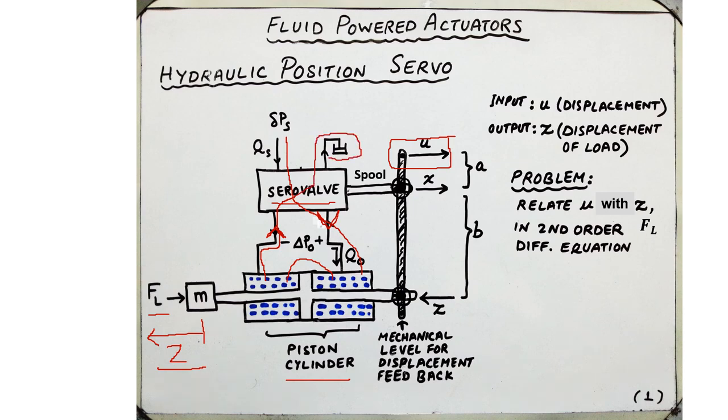We are going to relate this pressure difference that is responsible for generating the force on the piston cylinder, forcing this piston to move leftward and move the mass leftward at a displacement Z. We also have a mechanism of feedback that is in the form of a mechanical lever.